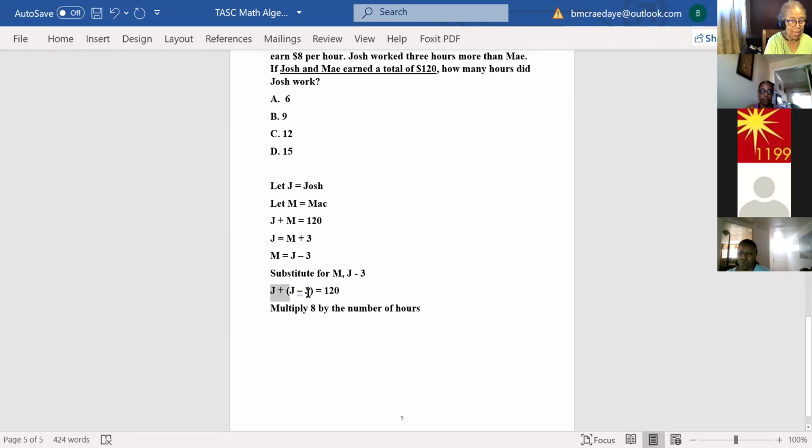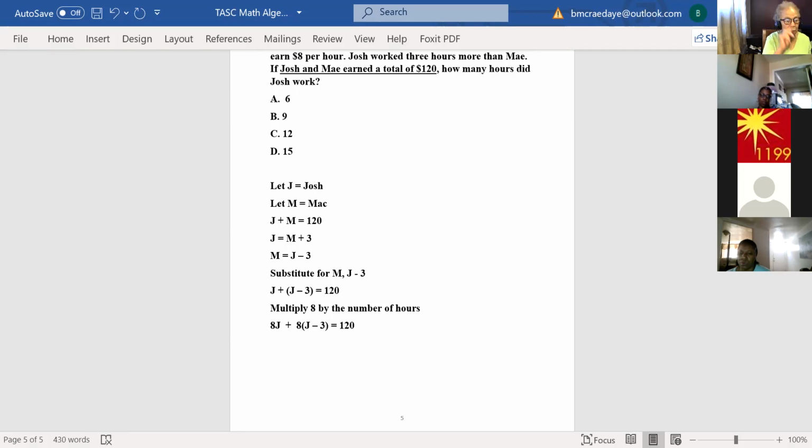So let's just take this and put the 8 on both sides. So this will be 8J plus, and that would be 8, and just put the J minus 3, and that's equal to 120.